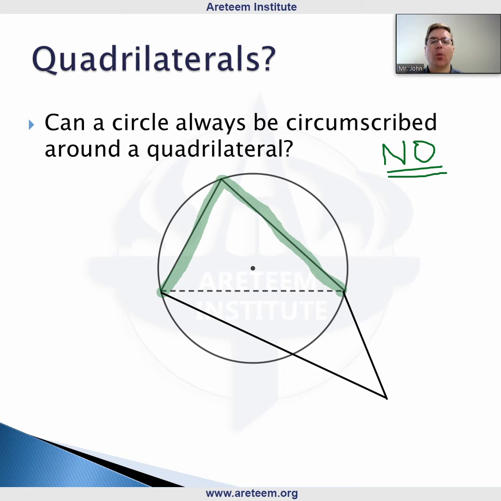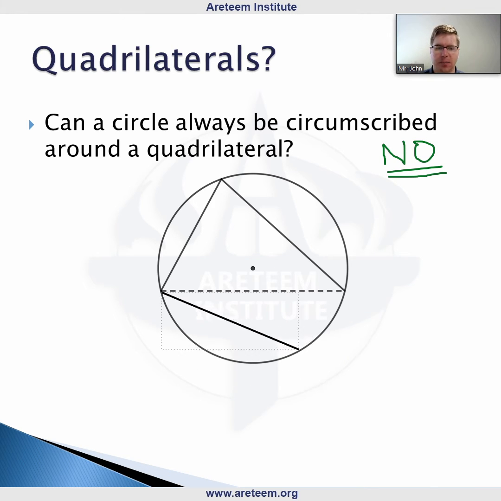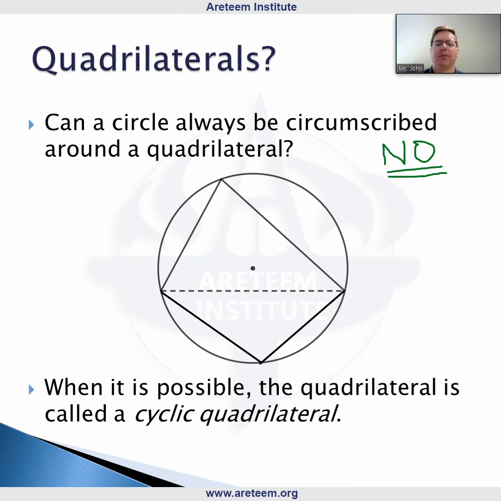It's special when we have a quadrilateral that can have a circle drawn around it, that can be circumscribed around that quadrilateral. And oftentimes in mathematics, when we have a special scenario, we of course have a name for it as well. So let me draw back at least one example where it does work, and we call this a cyclic quadrilateral. It's not always possible, but it can be possible sometimes.